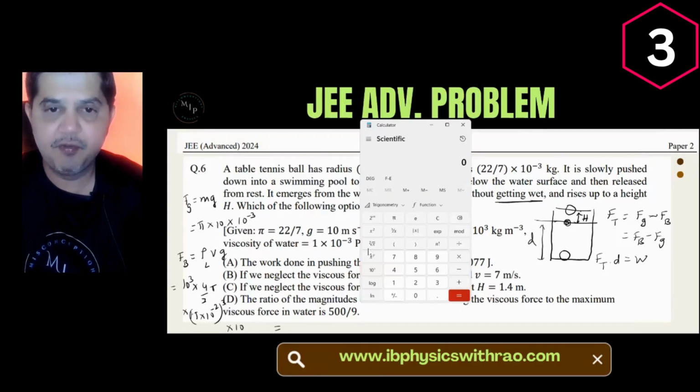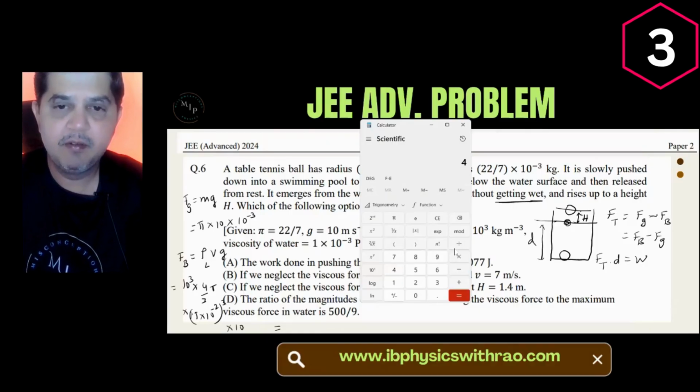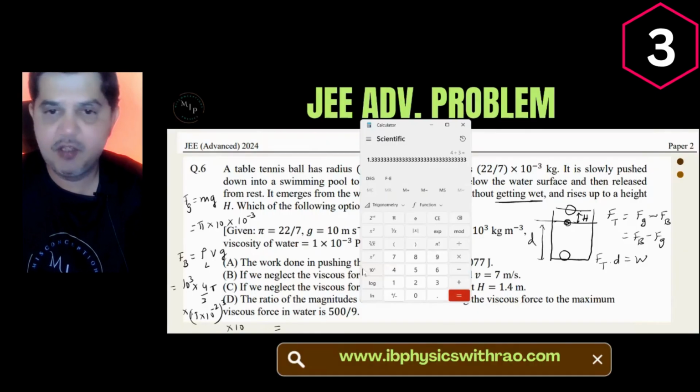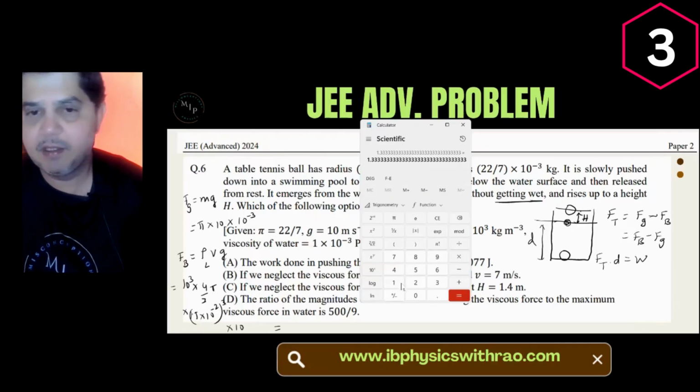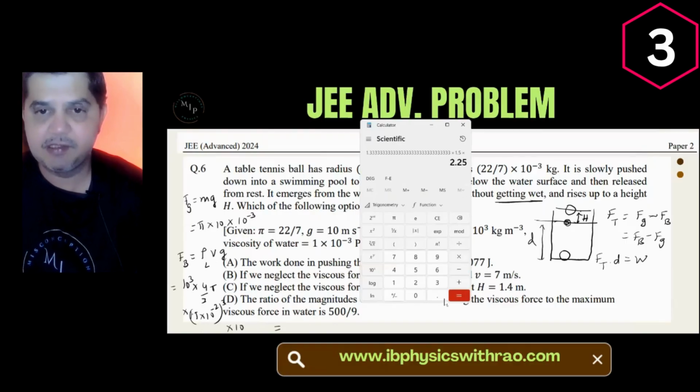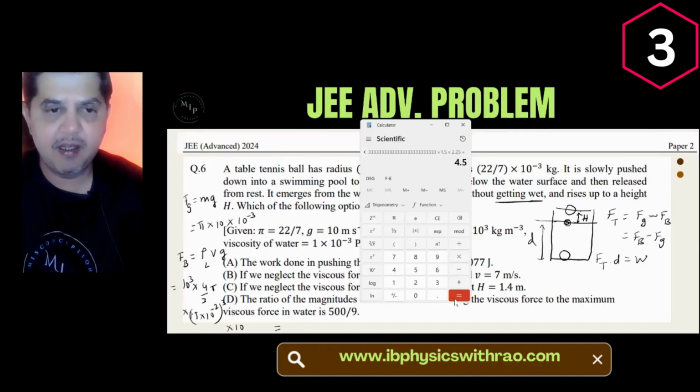I'll just use 4 divided by 3 will be 1.33. This multiplied by 1.5 cube. Multiplied by 1.5 multiplied by 2.25. The reason is 1.5 square is 2.25. So I know this, I'm just substituting it. If you have a calculator, you can directly do that.